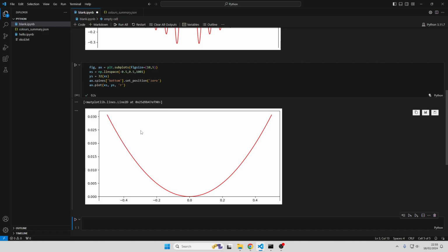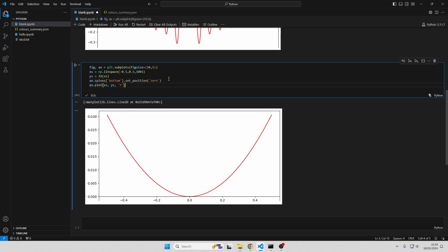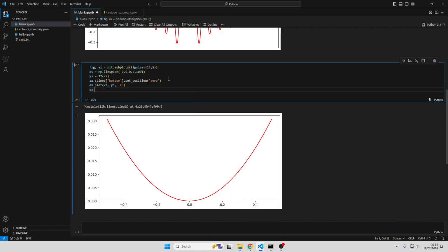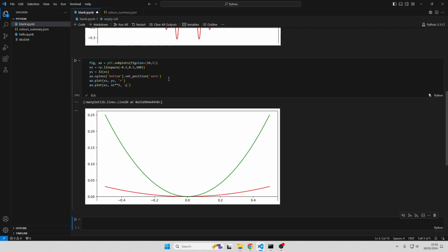So here we are. We've got the plot of the Bessel function, and it looks like a parabola. So maybe let's compare it with a parabola, and plot that in green so that you can tell the difference.